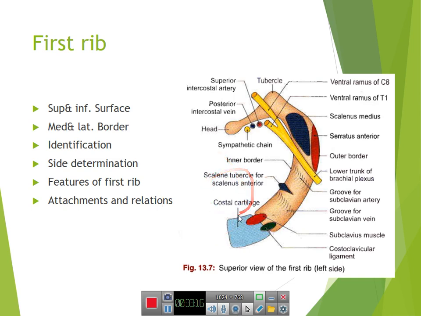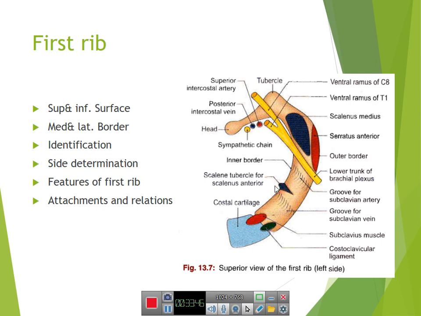Another point of the side determination of the first rib is that the upper surface of the shaft is crossed obliquely by 2 shallow grooves separated by a ridge. The ridge is enlarged at the inner border of the rib to form the scalenus tubercle.